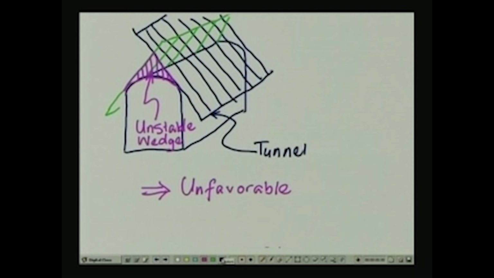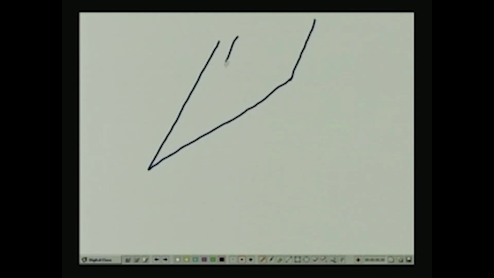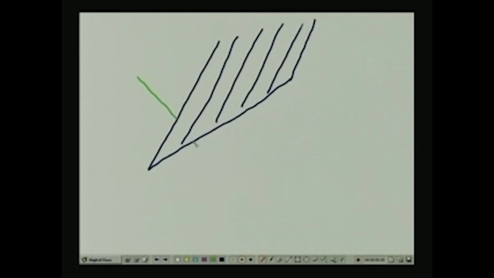On the other hand, if we had the tunnel passing through in an orthogonal direction, that means everything else was to be the same. Let us say an alternative tunnel alignment was like this, where one joint set was oriented in this manner and the other one was oriented like this, exactly in the similar way as in the previous illustration.